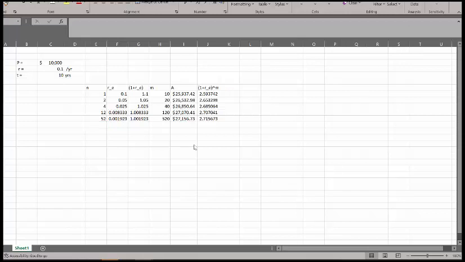There are about 365 and a quarter days in a year. We're just going to call it 365. Note that going from 52 to 365 compounds per year didn't result in a big increase in our cash.